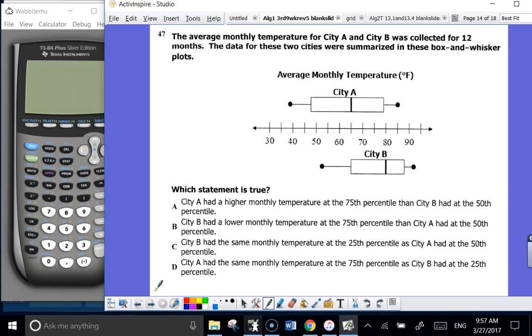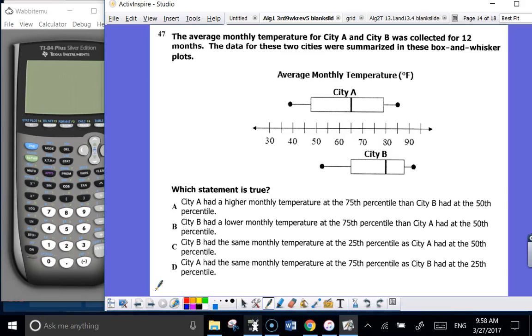City A had a higher monthly temperature, it'd be right there, at the 75th percentile than City B had at the 50th. So let's see, at the 50th, it looks like City B was about there and City A is at the 75th. That's not quite true. City B had a lower monthly temperature at the 75th percentile, right there, than City A had at the 50th percentile.